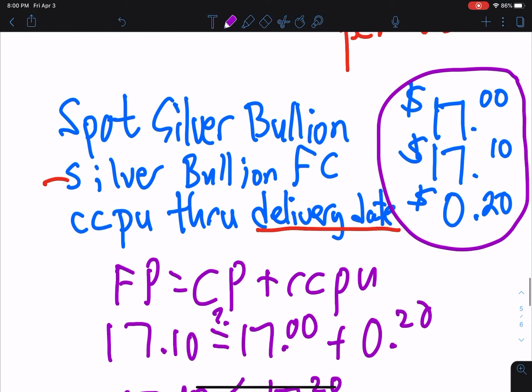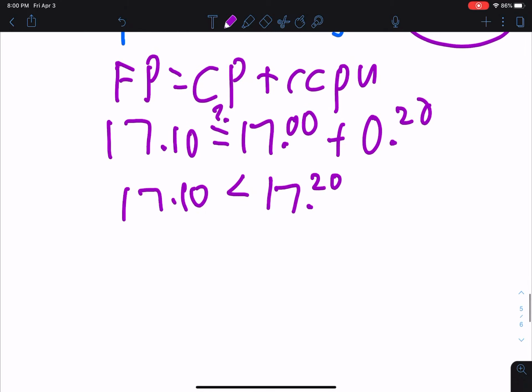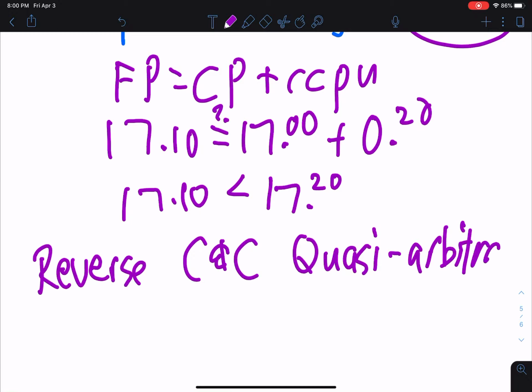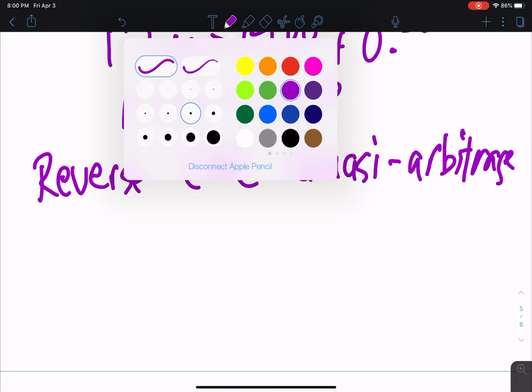And these two are indeed market prices, and we can trade on those market prices. And what will we do? Well, we're going to do something called a reverse cash and carry quasi-arbitrage. Okay? And so what are the trades that we're going to do?